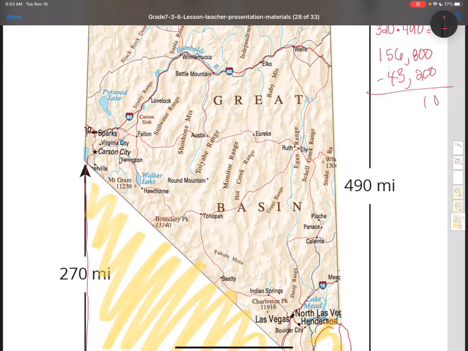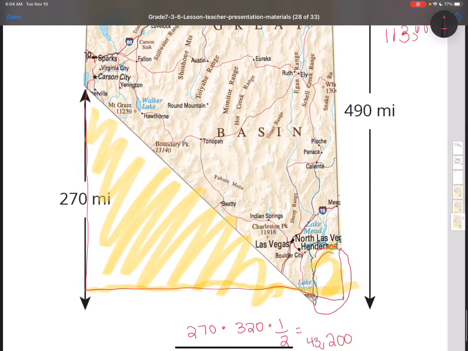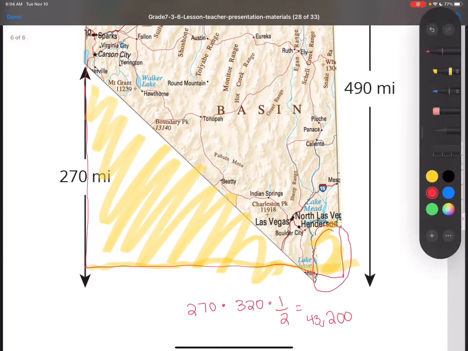So it's, oh, 3, actually, 3. So it's 113,600.